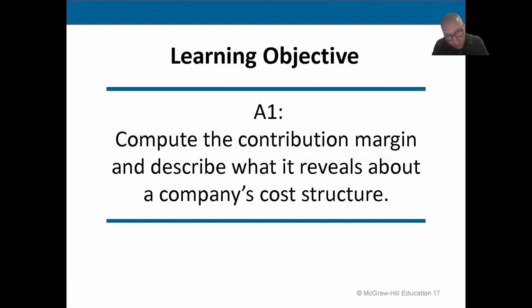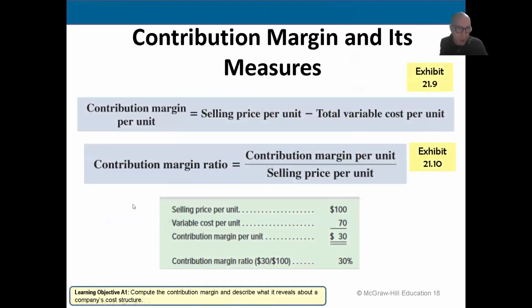So now that we understand how to estimate our costs, we need to figure out our contribution margin so we can figure out what our company's cost structure looks like. The contribution margin represents, in theory, the amount of profit per unit.